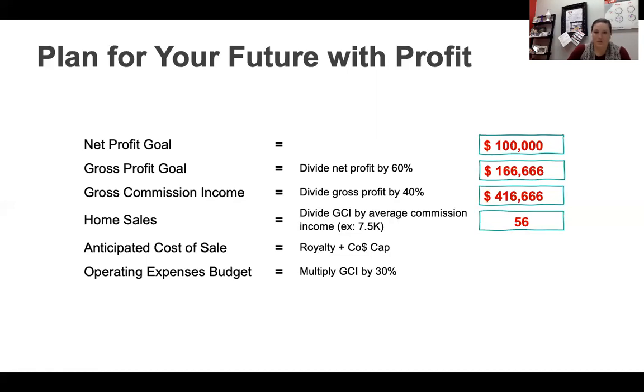Let me double check that really quickly. Yeah, that's correct. For this example, it's 56 homes, and our royalty plus company dollar is the 23 total cap. And this means that the operating expense will be around $124,000.